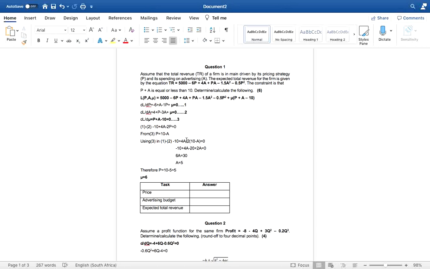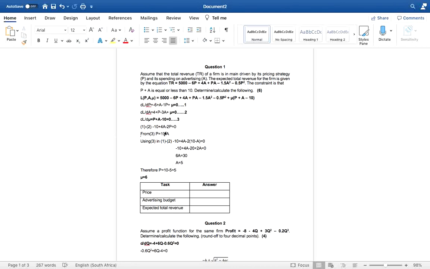Remember, we replaced the value of p with 10 minus a, which will give you minus 10 plus 4a minus 20 plus 2a. You solve it and then you're going to get 6a is equal to 30, which means, dividing both sides by 6, a is equal to 5.